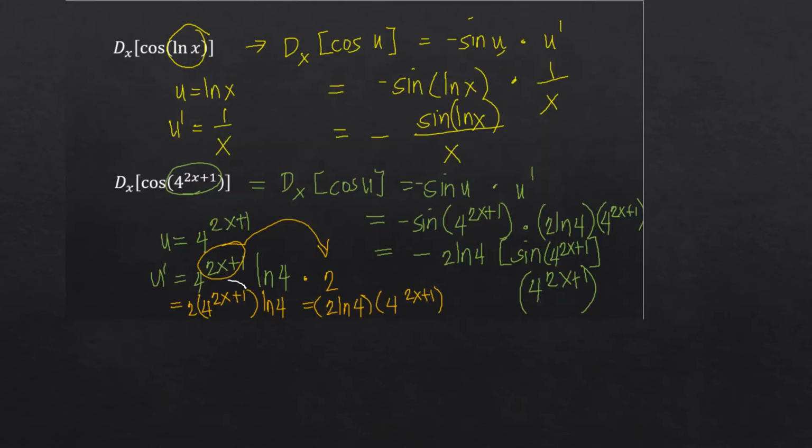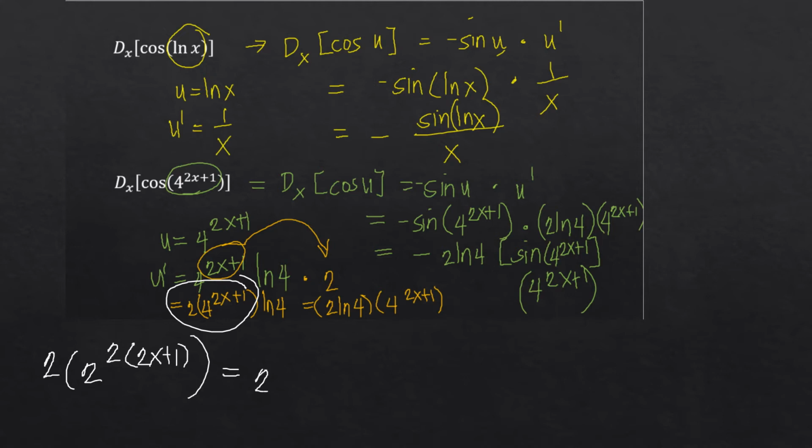Or we can also observe here that 2 times 4 raised to 2x plus 1 can actually be written as 2 times 2, factor of 4, make it exponentially 2 raised to 2, so 2 raised to 2 times 2x plus 1, and that will become 2 times 2 raised to, distributing 2 times 2x plus 1, we have 2 raised to 4x plus 2, and since this is 2 raised to 1, you can add the exponents. Okay, we need to add the exponents, so we have 2 raised to 4x plus 3.